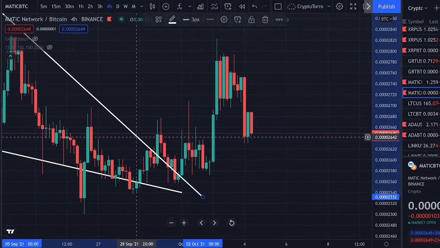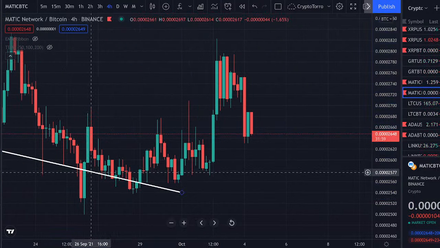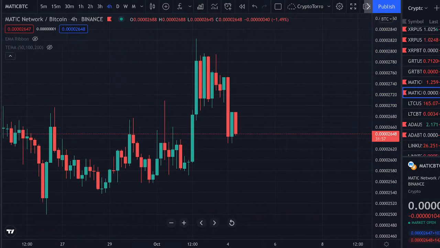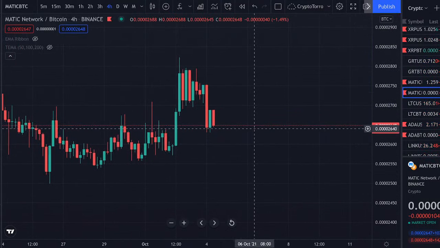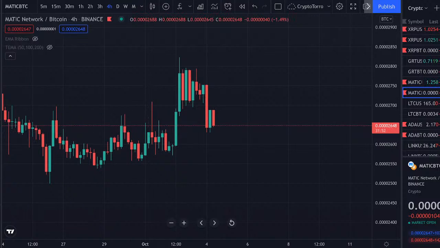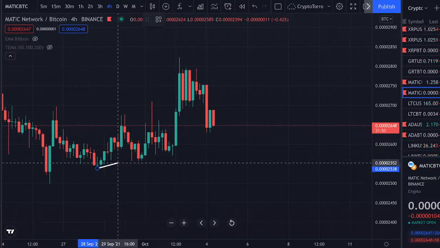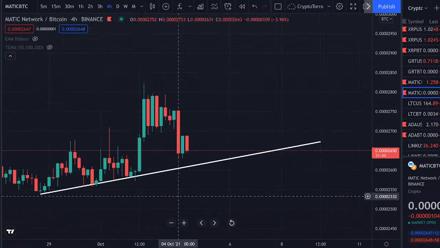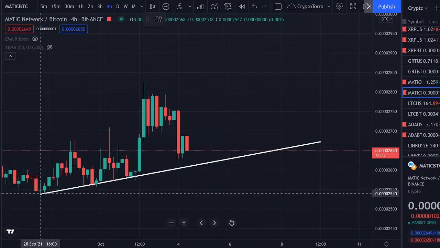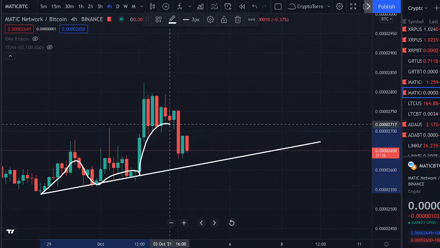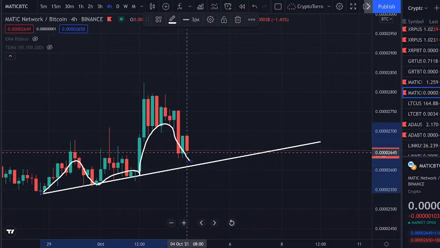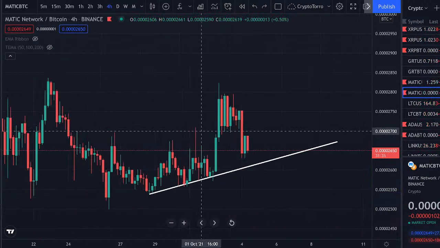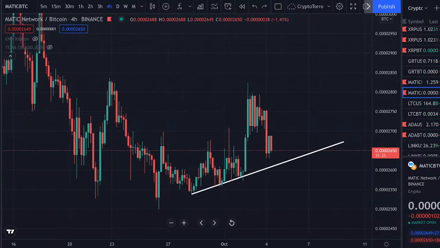So if we take a look at the Polygon compared to Bitcoin chart, you can see that we are seeing this ascending support. At this point in time, you can clearly spot this ascending support line, and perhaps we are going to see a retest occur once again, therefore confirming the overall uptrend by creating a higher low. So on the Polygon compared to Bitcoin chart, it's actually looking rather good to me.